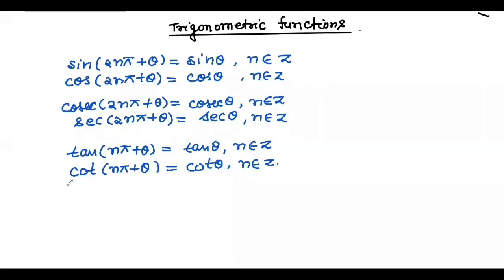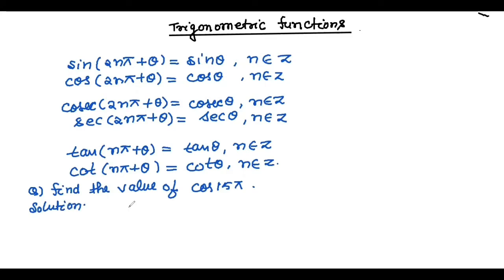We'll discuss some questions based on this. Question is, find the value of cos 15 pi. So we can write cos 15 pi is equal to cos of 14 pi plus pi. Means we can write this 14 pi in the form 2n pi.